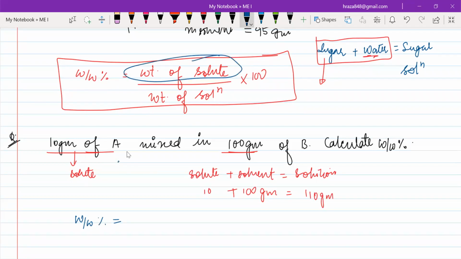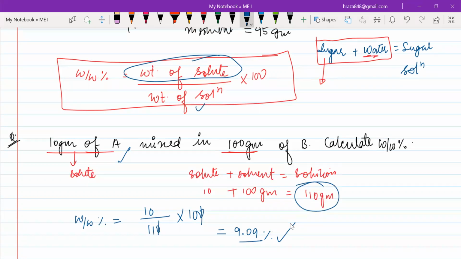Weight of solute, that is 10 gram. Weight of solution, what is the weight of solution? It will be 110 gram, and into 100, 9.09% something. Are you getting my point? Yes or no? Yes, sir.